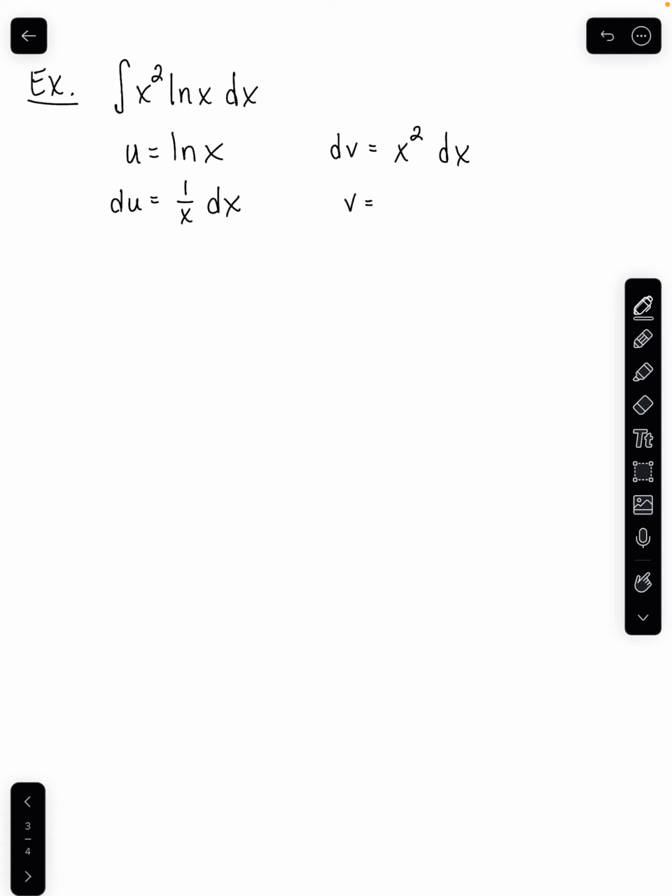For v, we need the integral of x squared dx, which is x cubed over 3. And now we once again have the pieces that we need for the integration by parts formula. u, du, and v. Once again, the dv actually does not figure into the integration by parts formula.